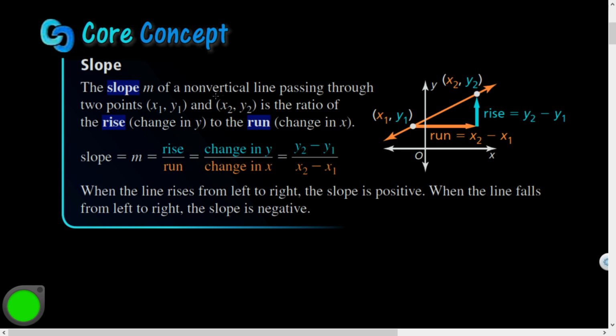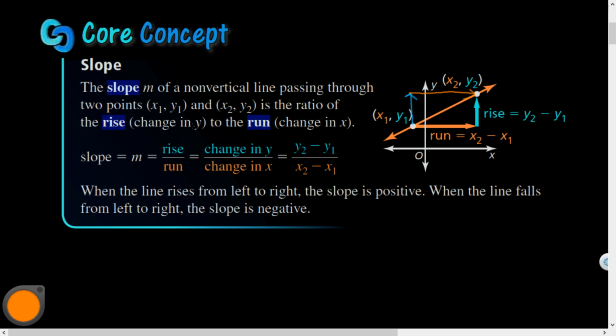So the slope m of a non-vertical line passing through 2 points. Here's just 2 random points, written as x1, y1, and x2, y2. Point 1 and point 2, just pretend they were any 2 points, is the ratio of the rise. I feel like they should have done the blue arrow first, the rise and then the run.